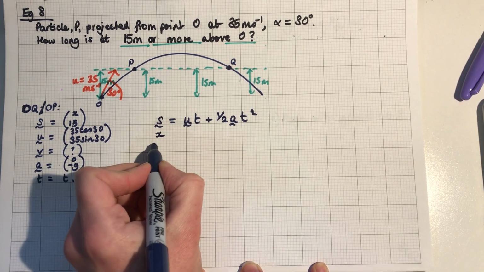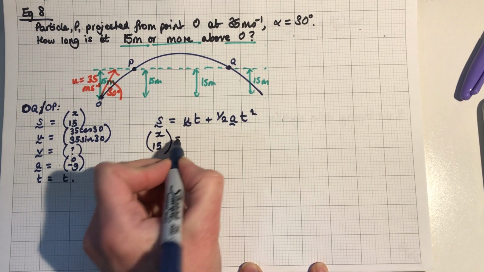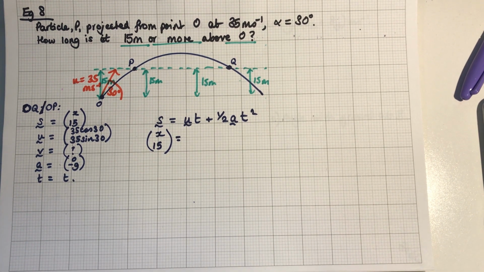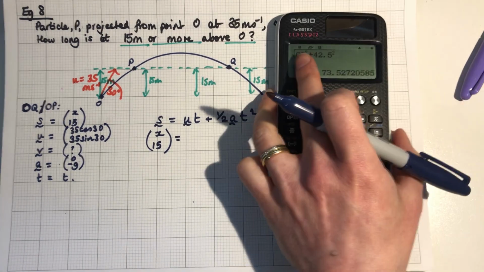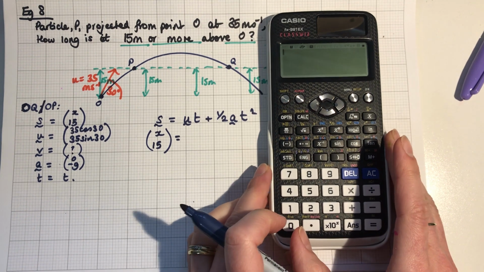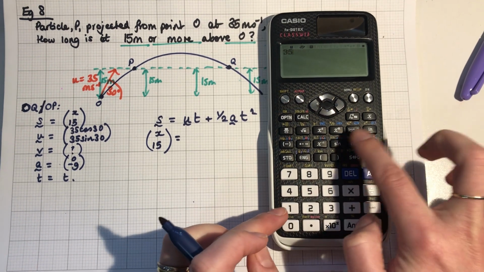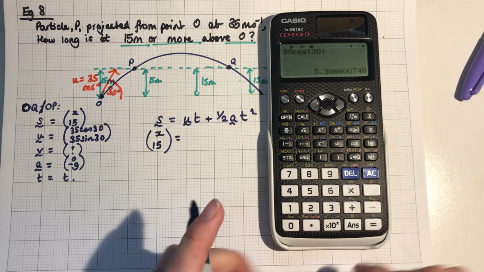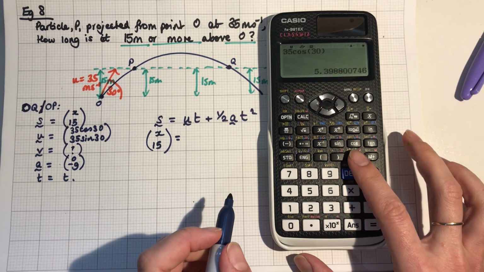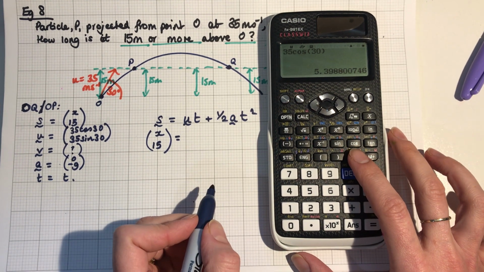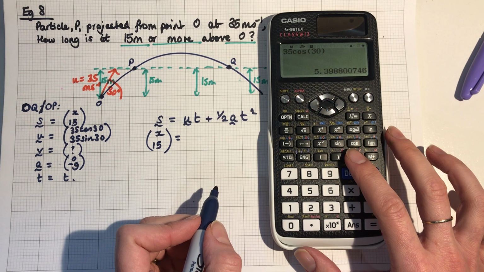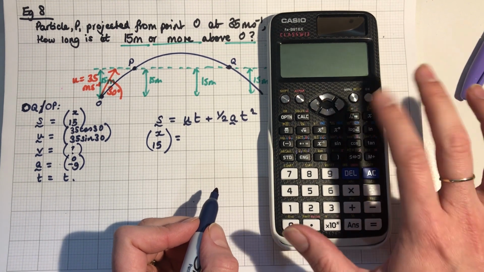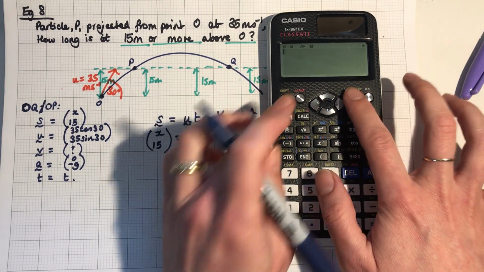Let's fill it in with the vectors. So we have got 35 cos 30. That's 5.39. Oh, my calculator's not in degrees.